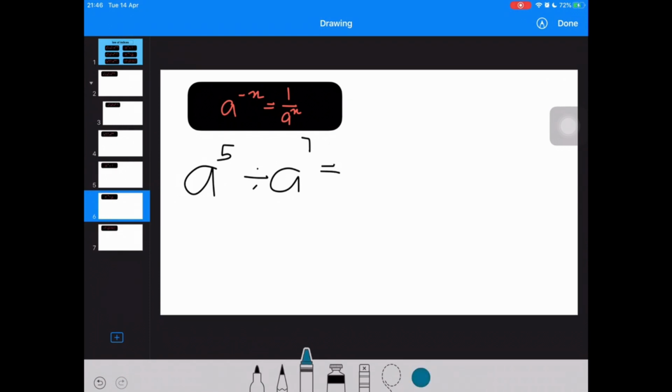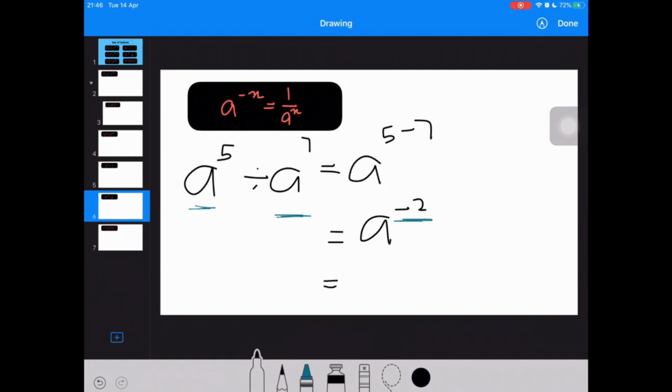You can see that both bases are the same, and since they're dividing, we need to subtract. 5 minus 7 equals a to the power of negative 2. If there is a negative here, we need to change it to 1 over a to the power of 2.